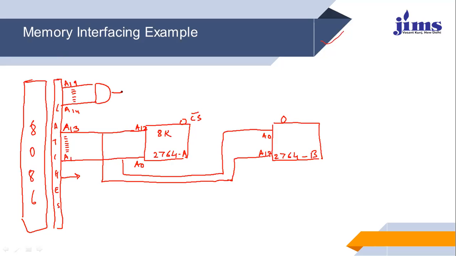The output of this AND gate, be very careful and look at the design. The line A0, which I was drawing here, is connected through the inverter to the NAND gate to generate the chip select line.